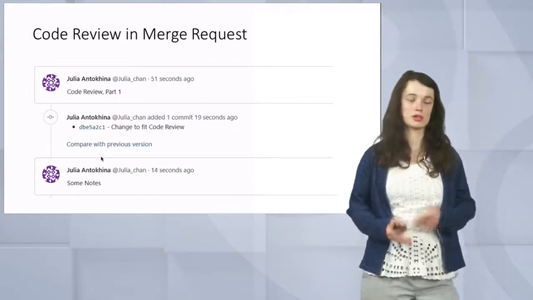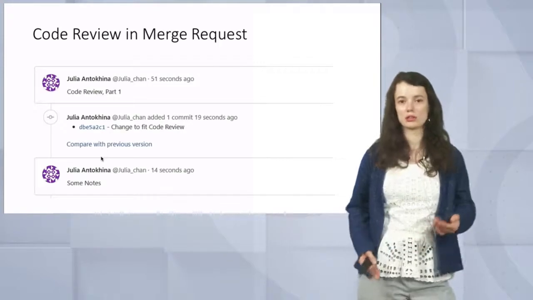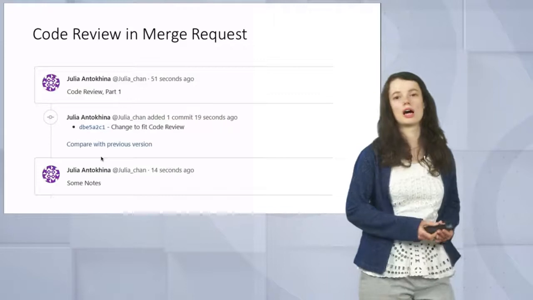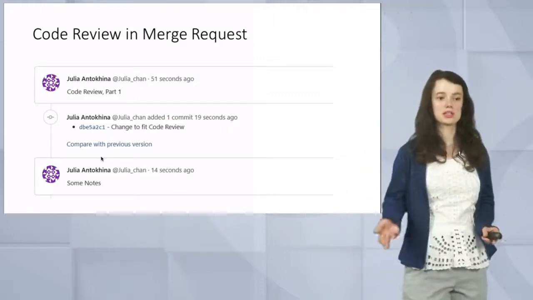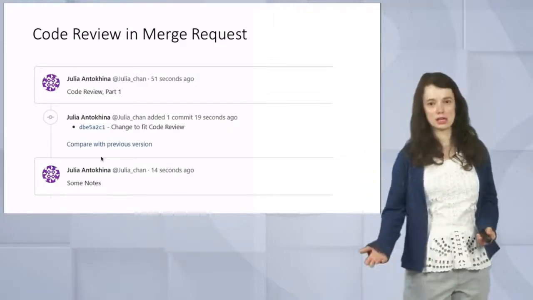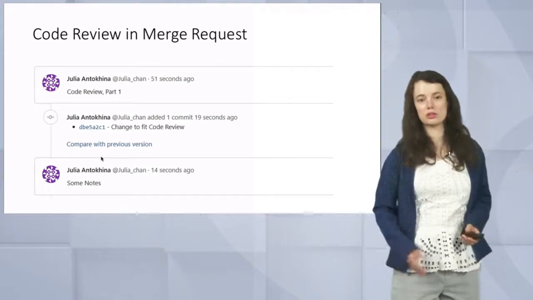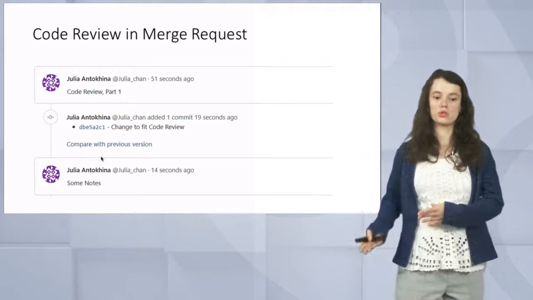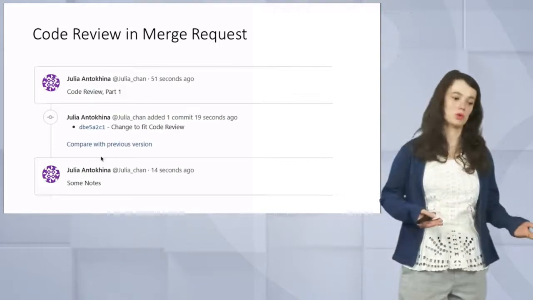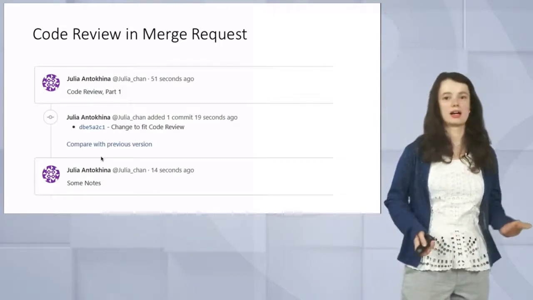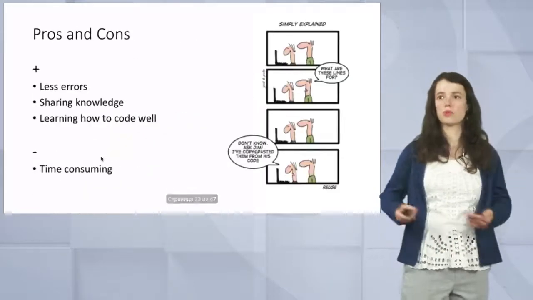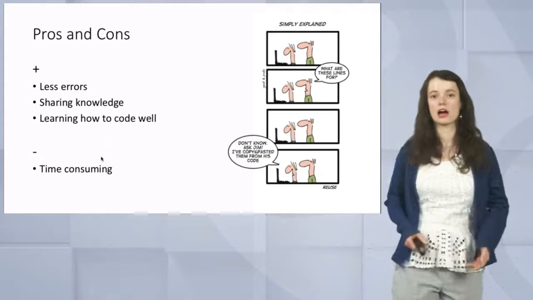When you are submitting a merge request, you can comment on it many times, like you see in the picture. Then you fix some mistakes, you make new commits, and after that you may store all your progress of what you were doing and what the mistakes were, and then after all that is done, you merge it. And that's our code review.